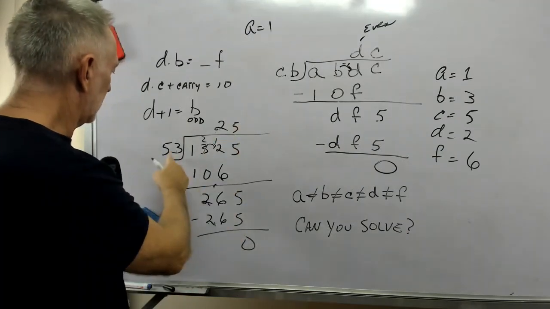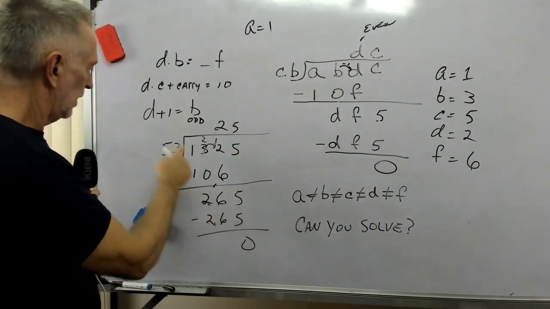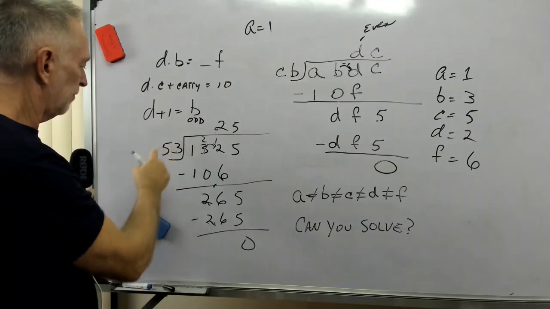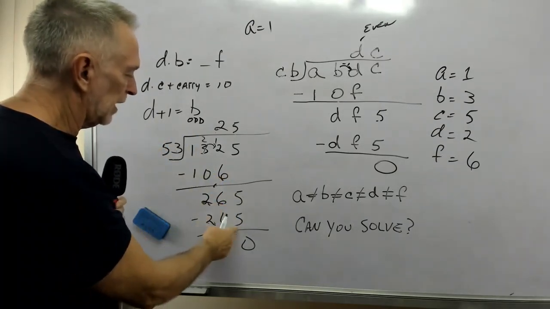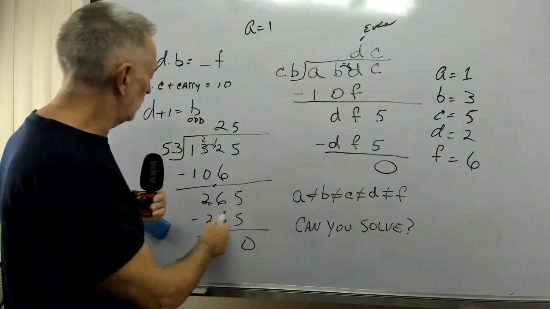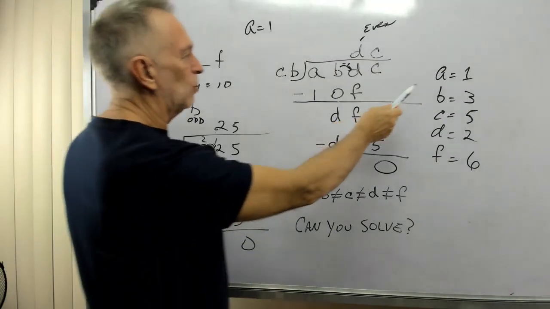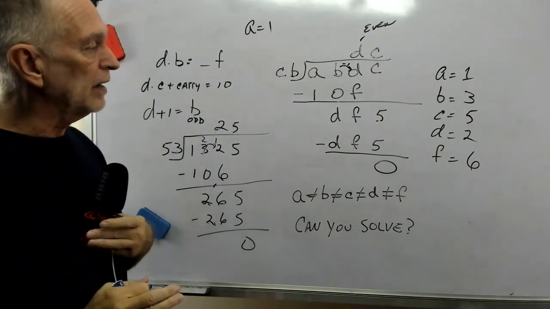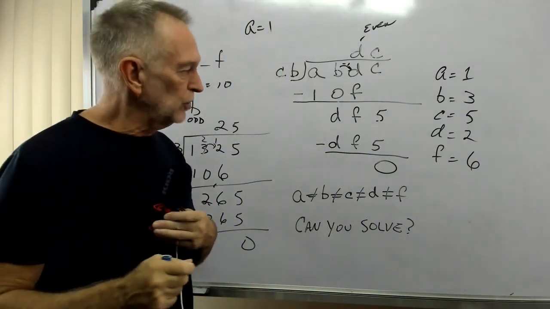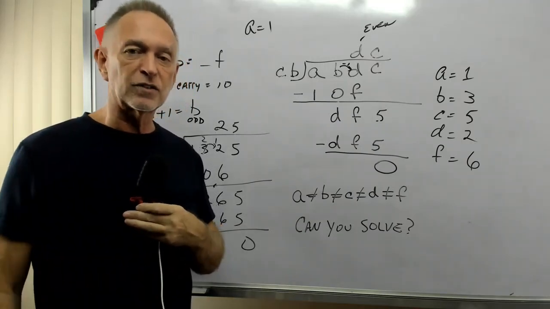Now then, 5 times 3 is 15. Carry the 1. 5 times 5 is 25 plus 1 is 26. 265 minus 265 is 0. So A equals 1, B equals 3, C equals 5, D equals 2, and F equals 6.